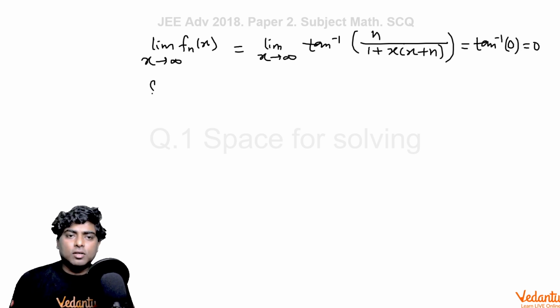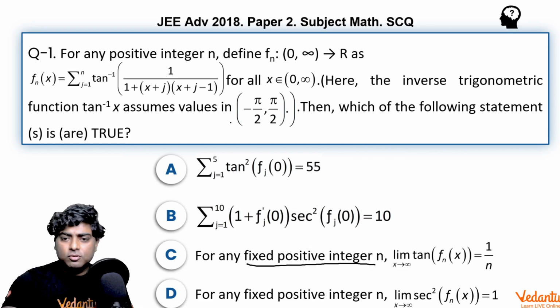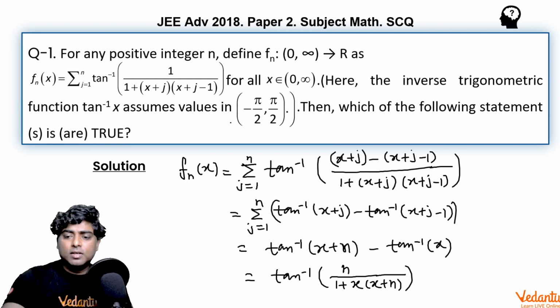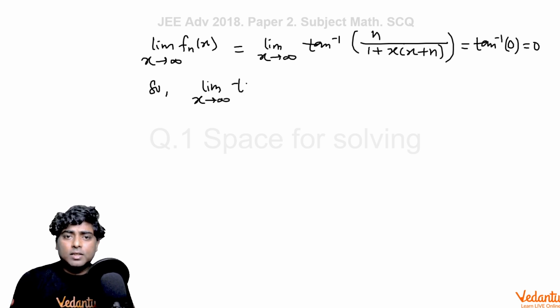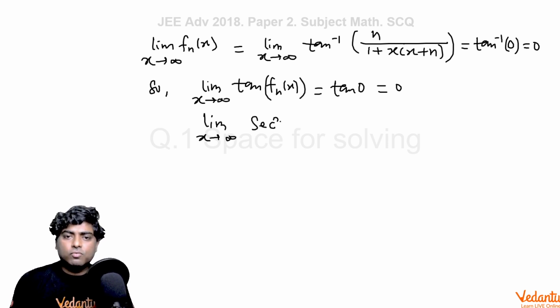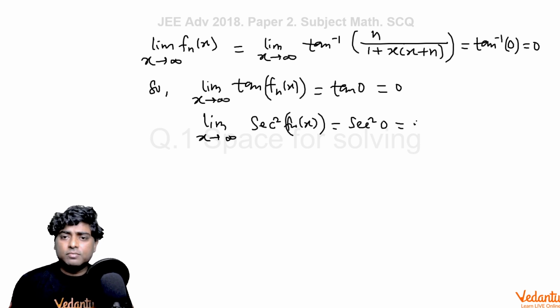If we again go back to option C, it is required to find the limit of tan of fn(x) as x tends to infinity, and option D, sec square of fn(x). So tan of the limit, tan of fn(x), that is tan 0, it is 0, and the limit of sec square of fn(x) is sec square of 0, that is 1.